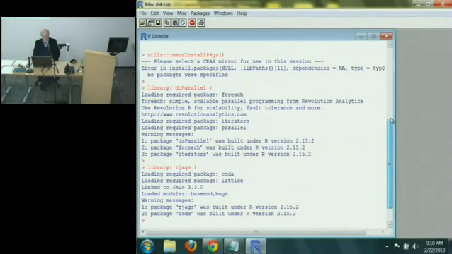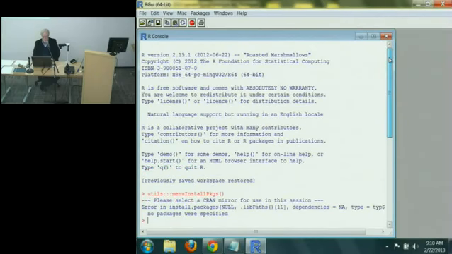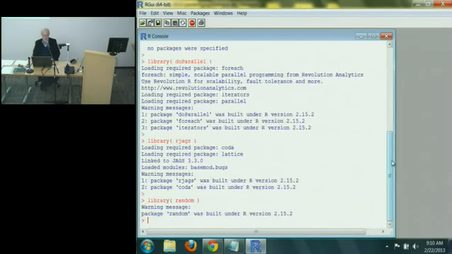Looks like I started with 2.15.1, and these were all created under 2.15.2. So probably to make those warnings go away, I can just update R, but no problems.